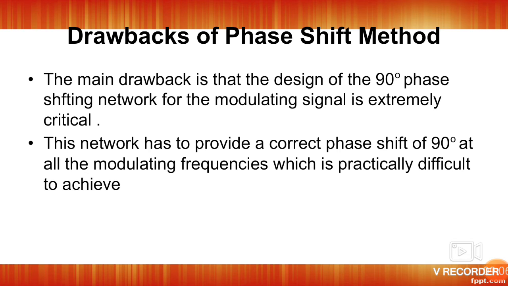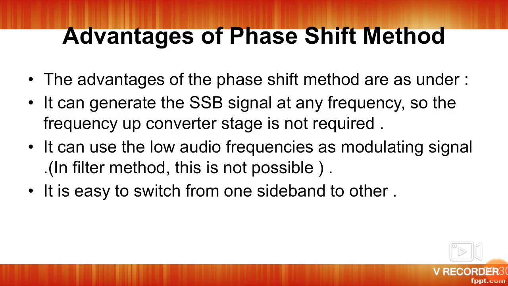The main drawback of this is the 90-degree phase shift by using the Hilbert transform. The network for the modulating signal is extremely critical. We need a 90-degree phase shift, and it has to provide the correct phase shift of 90 degrees at the modulating signal so that the two can cancel each other.